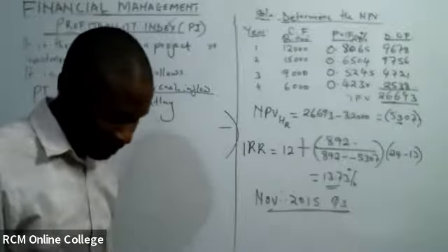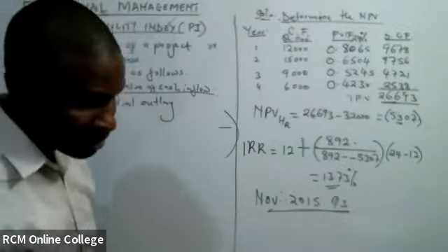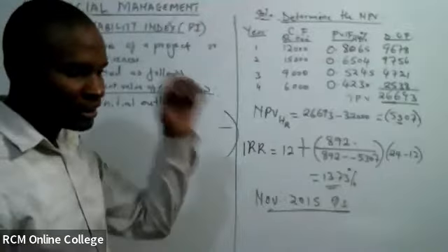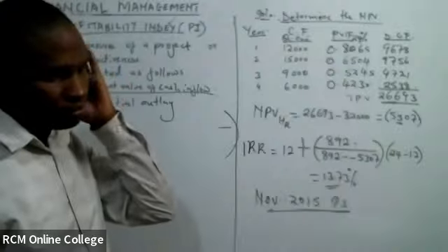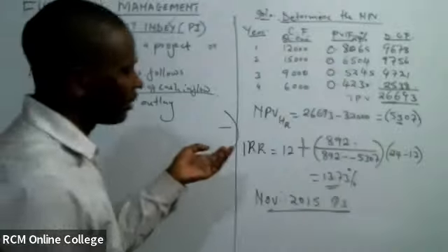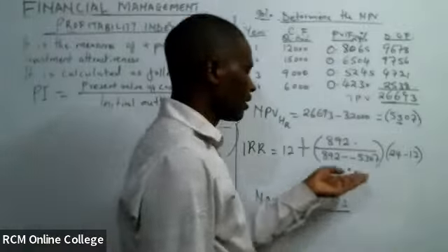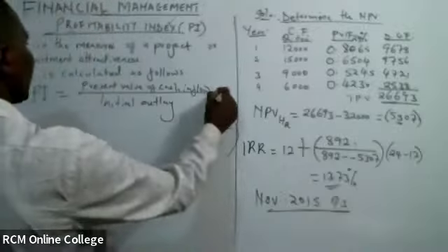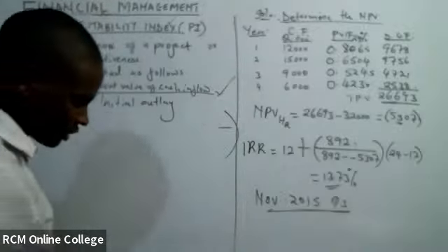Now, in our case, do we accept, reject, or we may accept? In our question there, should we accept? Yes, we accept because the IRR is greater than the 12, the cost of capital, which was 12. So this is how we get the PI, the profitability index.